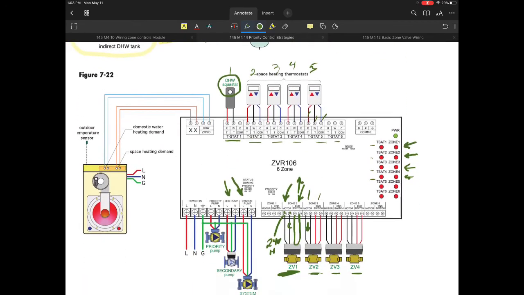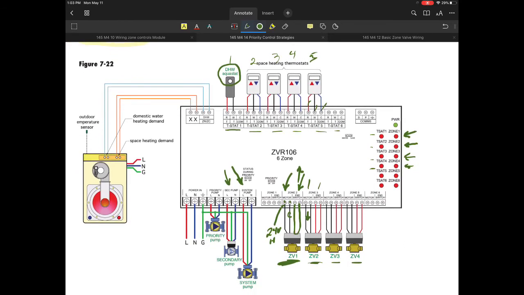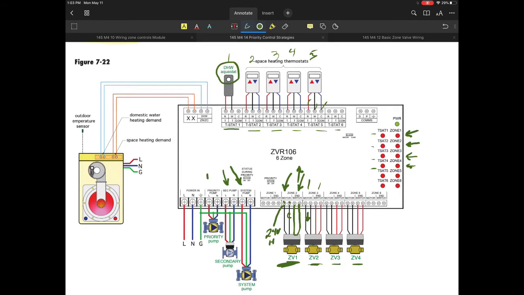This one is also allowing us to control a secondary pump, and specifically the way they are identifying this in their diagram, they have what they call secondary pump, and they're calling system pump. So if you are wiring up this particular system, you'd likely be looking at their wiring diagram and their strategy and their sequence to determine, is this the best way to set this one up?